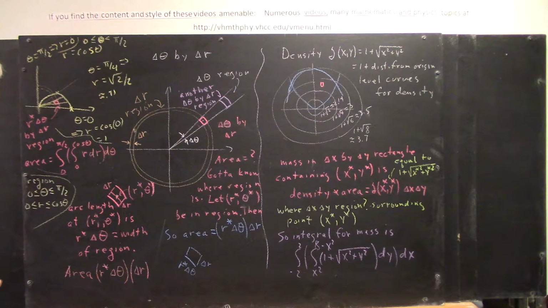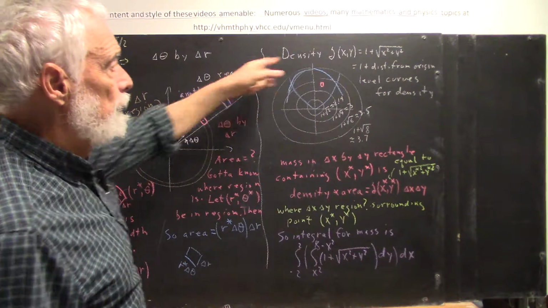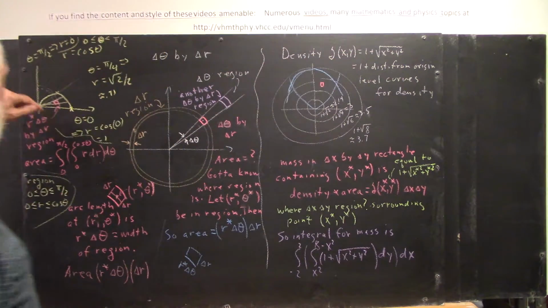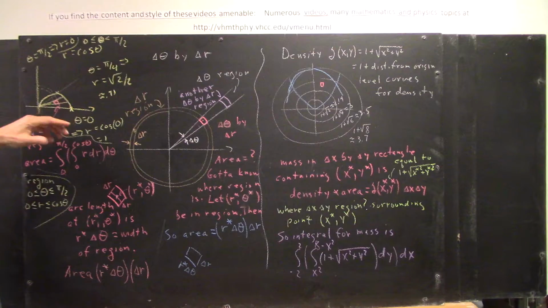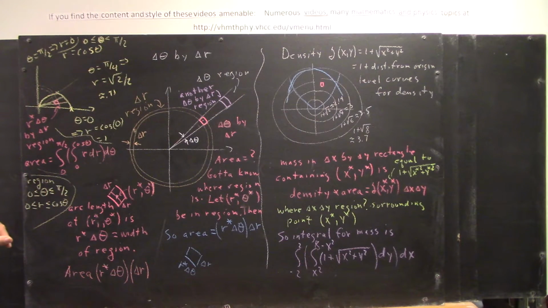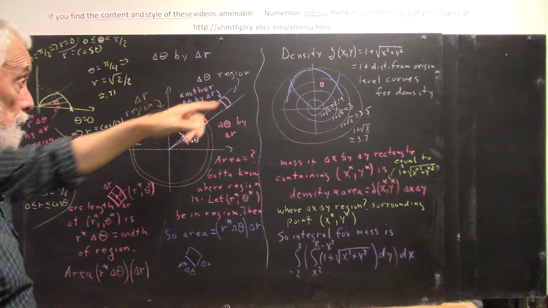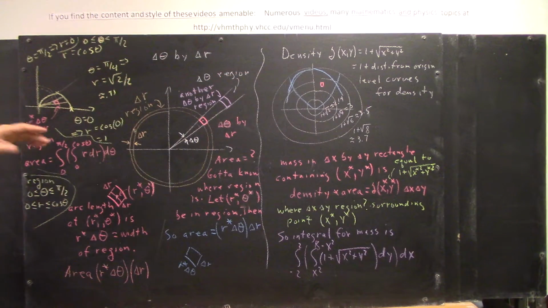Now we go to another example where we have a density function and we want to find the mass within this region. So it's as though we have this flat plate in the xy plane, and the material gets denser as we move away from the origin by a certain rule which is given here, and we want to find the total mass inside of this region.